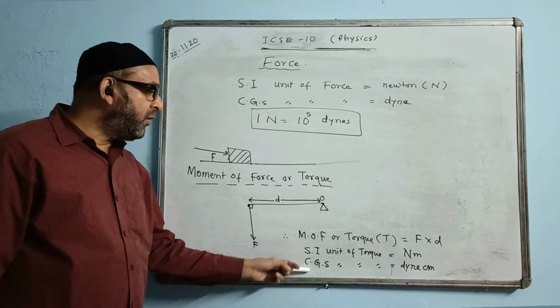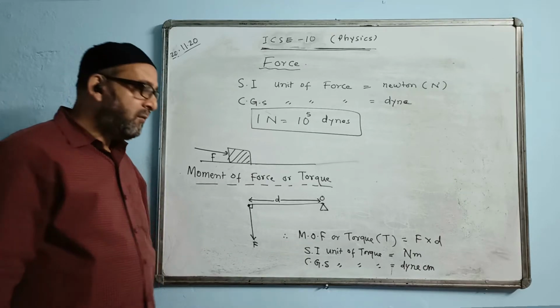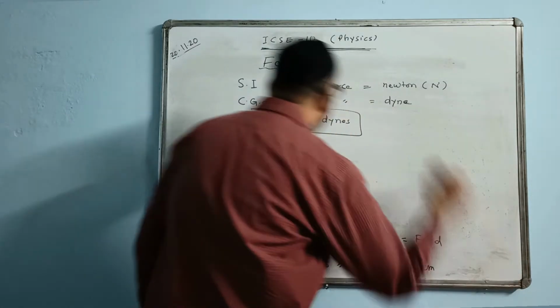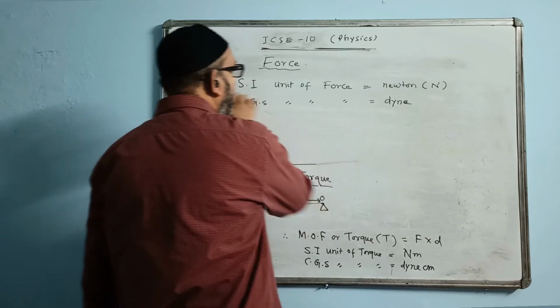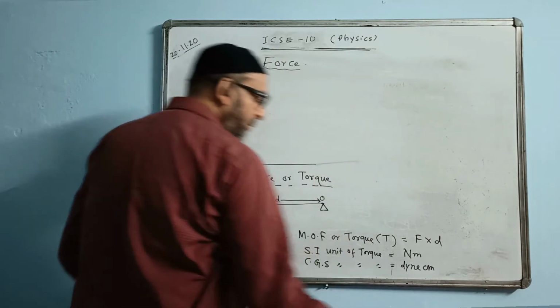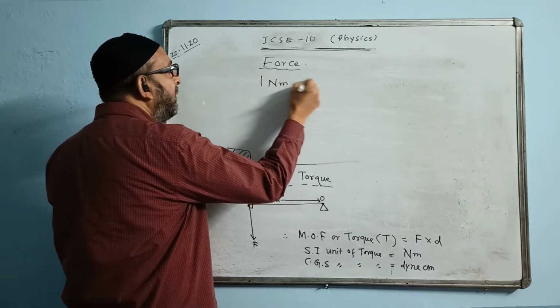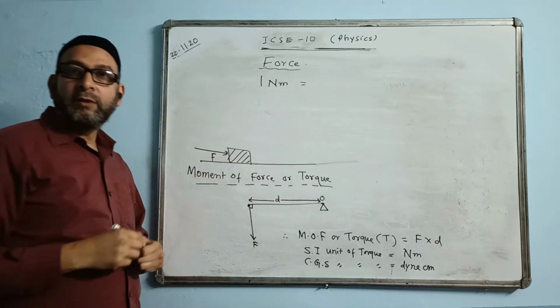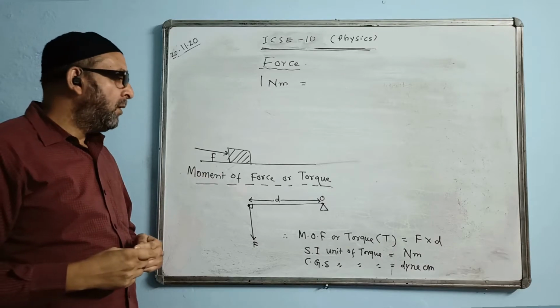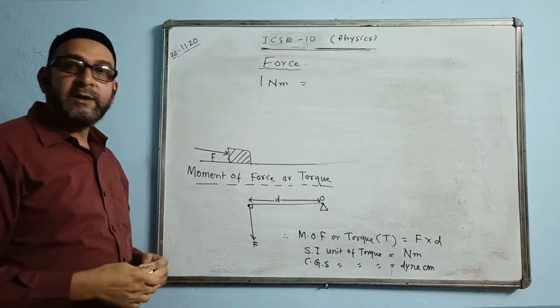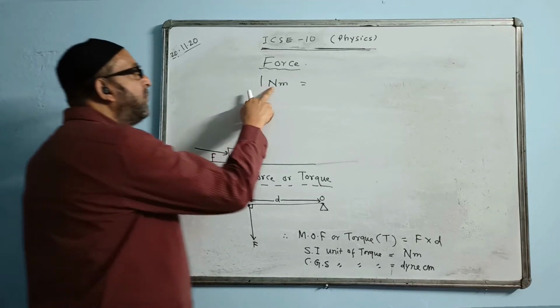How are these two units related to each other? We will be writing like this: 1 Nm, 1 Newton meter equal to. Let us change it into CGS unit, that is dyne centimeter. Newton will change into dynes.